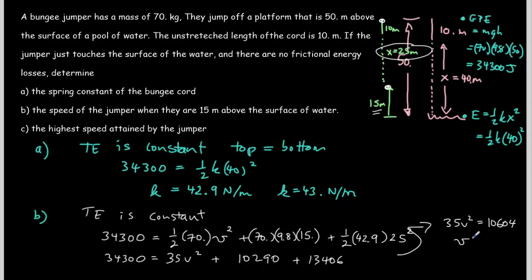So v will be equal to the square root of 303, which is equal to 17.4 meters per second, which you would round to 17 meters per second to two significant digits.